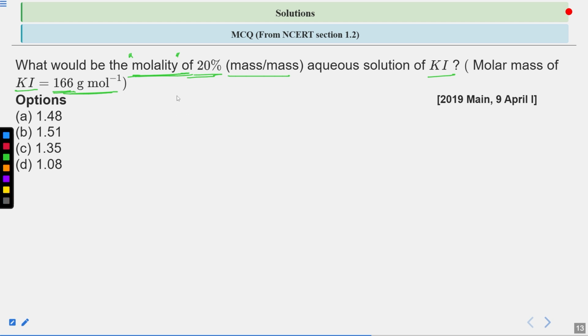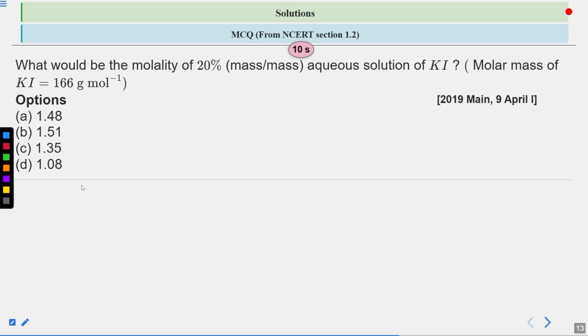This question was asked in the 2019 NEET examination. The 4 options given for solving this question are 1.48, 1.51, 1.35, or 1.08. So just think about this question.